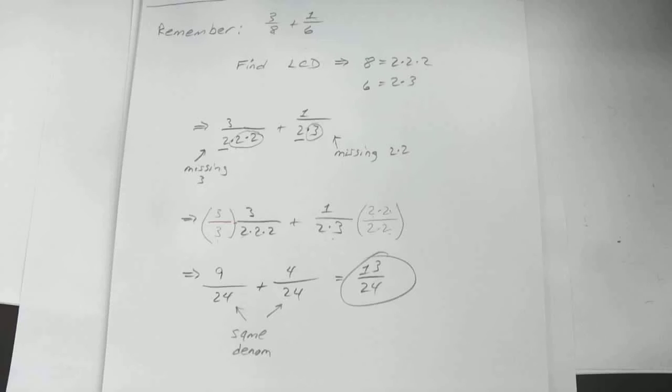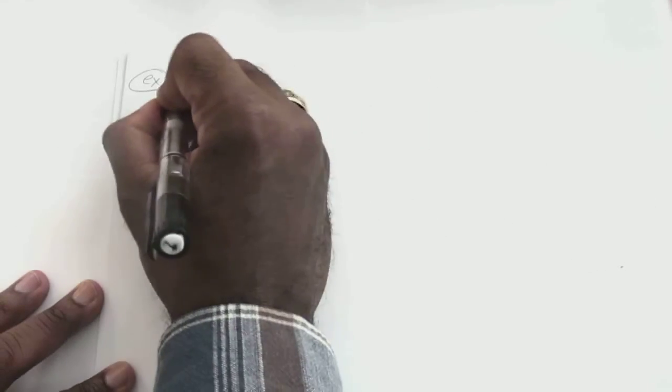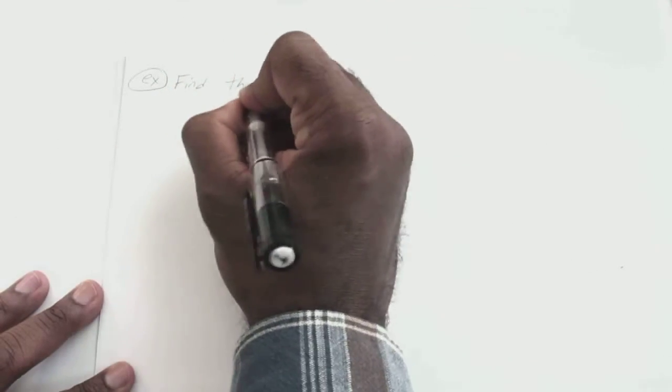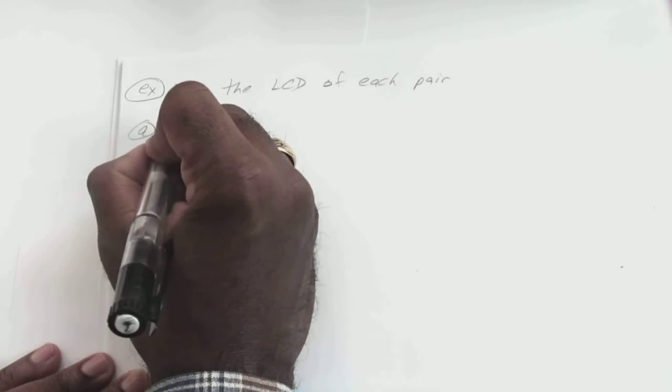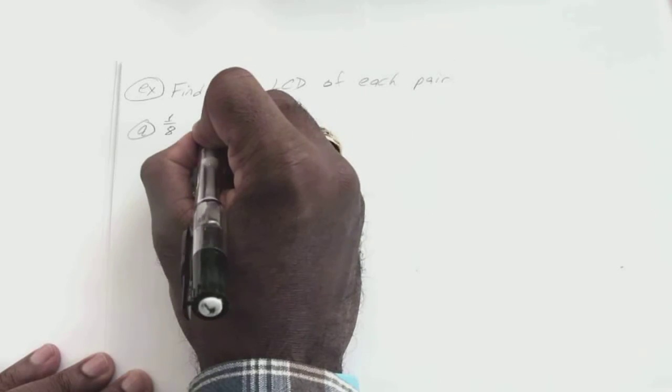All right, so let's say, for example, here, we just want to find the least common denominator of each pair. Okay, so let's say for problem A, we have 1 over 8 and 3 over 22.